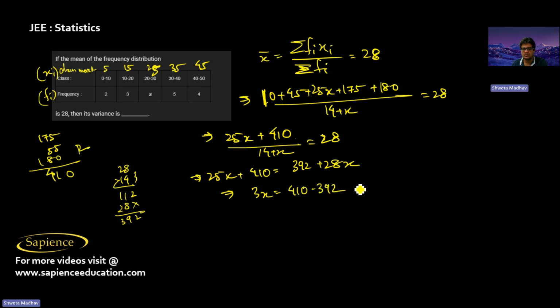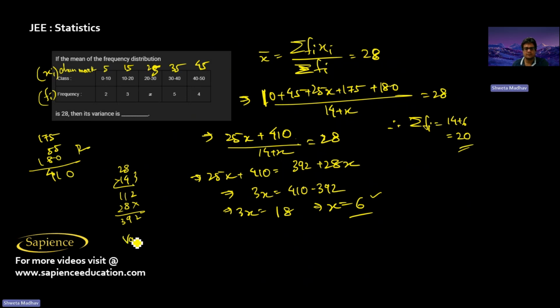So 3x is equal to 18. That means x will become 6. x is equal to 6. So then we need to find the variance. Therefore, summation fi, the total number of observations, is 14 plus 6, that is equal to 20.